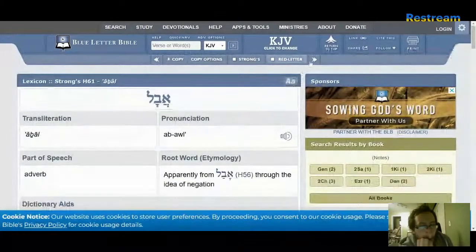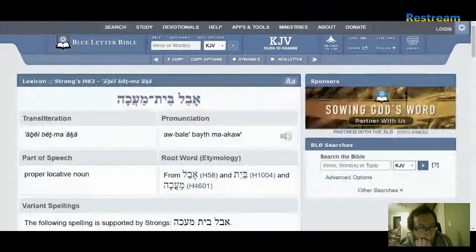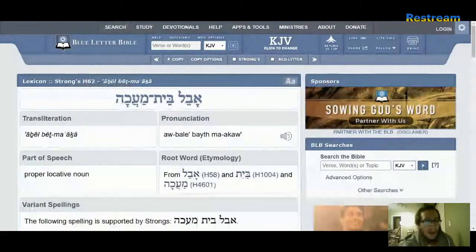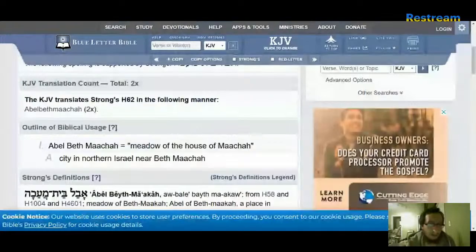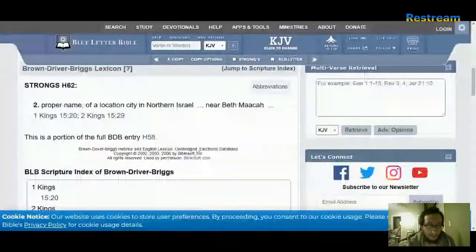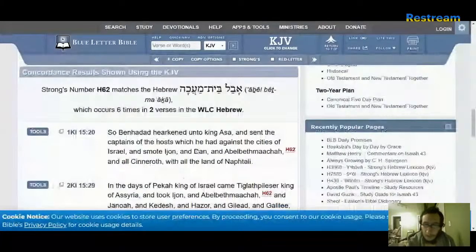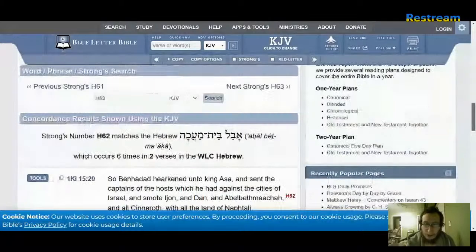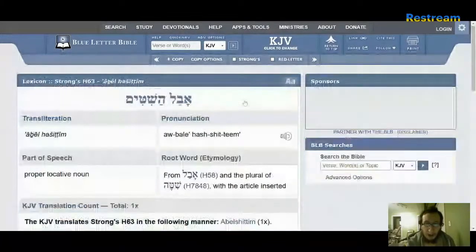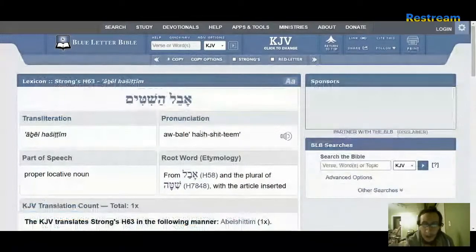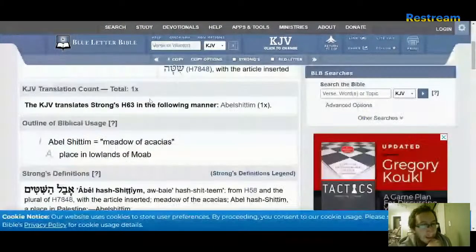This was the, okay. Meadow of the house of Makkah. So it actually means meadow or like field. But there's a place in Genesis where it actually translates it incorrectly. Abil Hashatim, meadow of acacias.